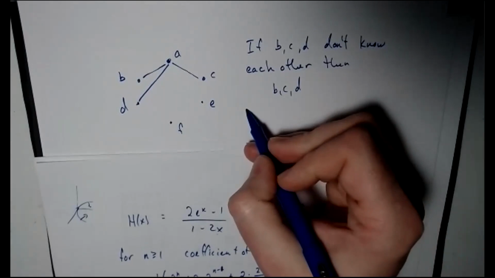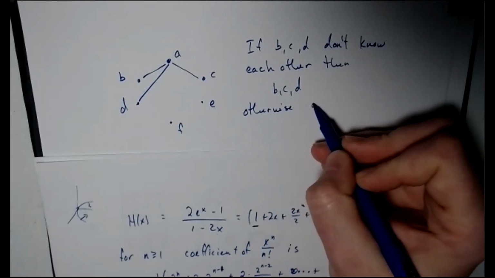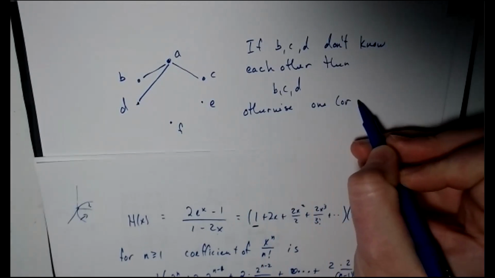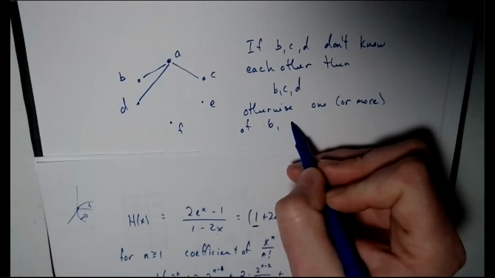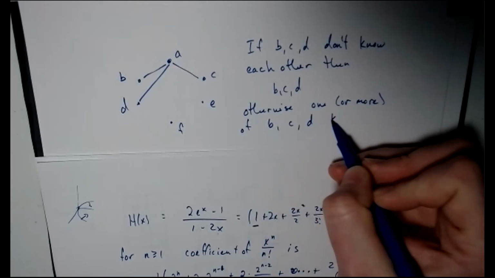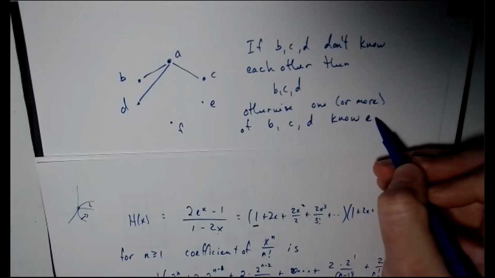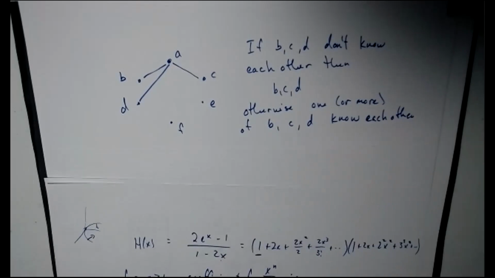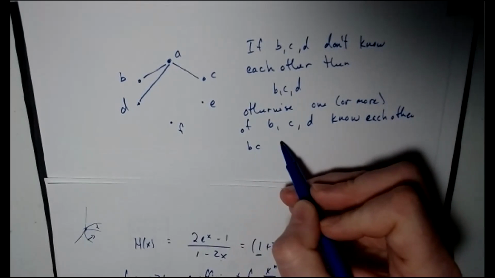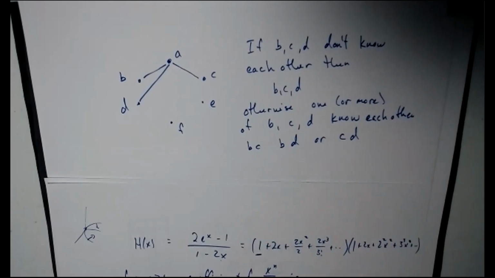And so otherwise, one or more of B, C, and D know each other. So we could get the edge BC, we could get the edge BD, or we could get the edge CD.